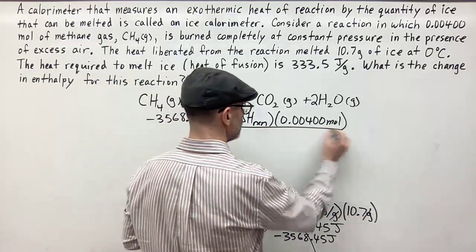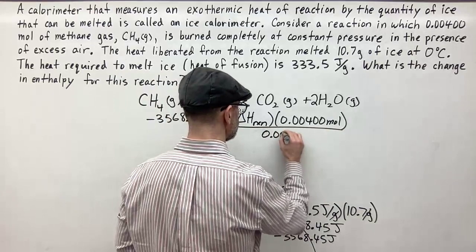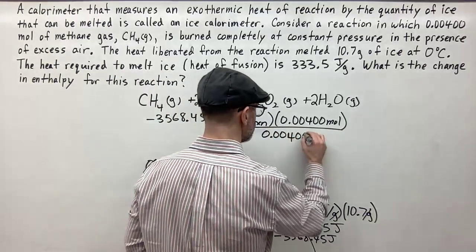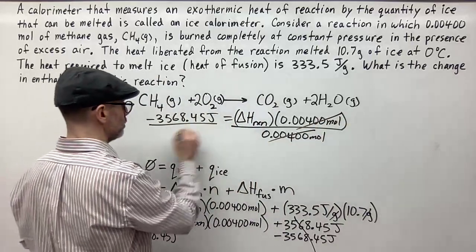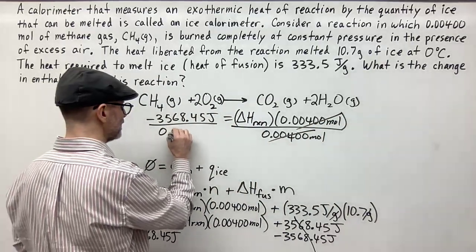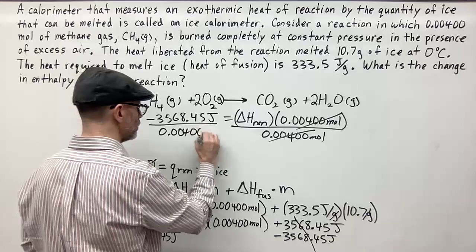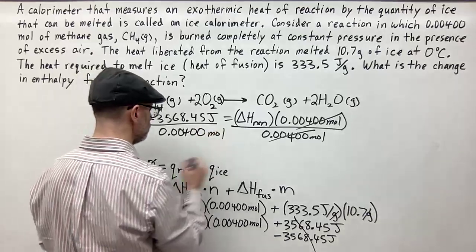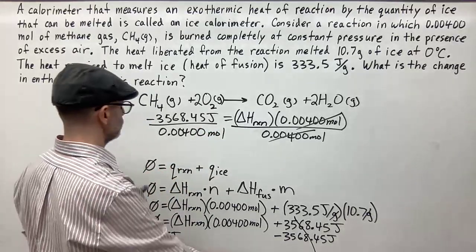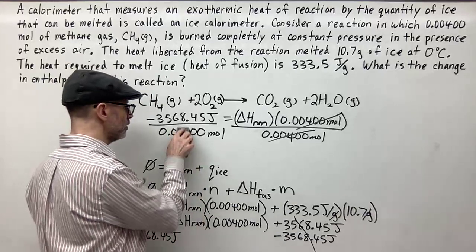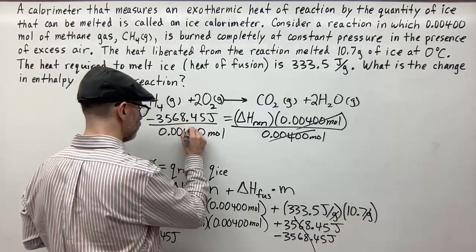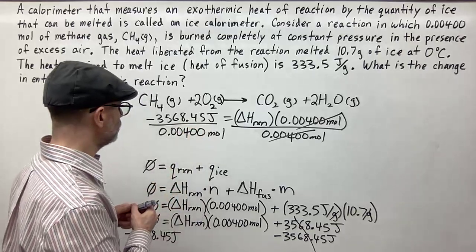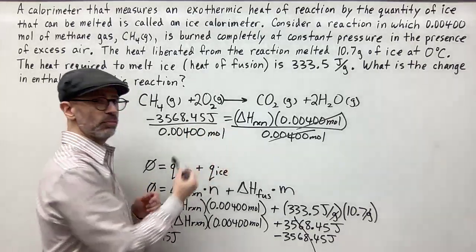So I'm going to divide this side by the number of moles, 0.00400 moles. That's going to cancel out. This is going to be divided by 0.00400 moles. And now notice I have joules per mole.